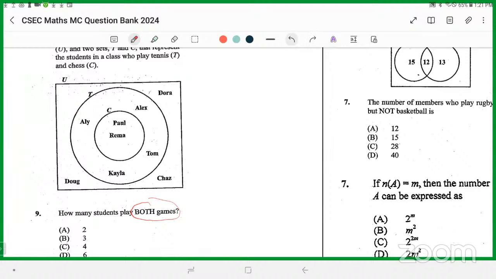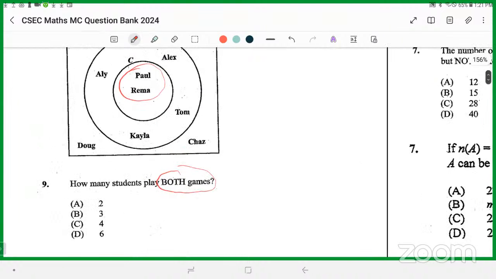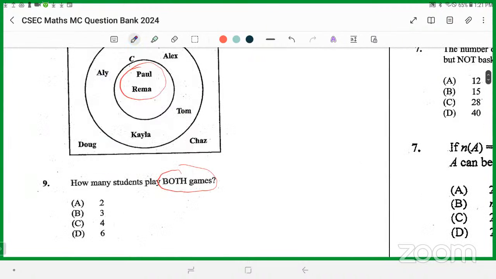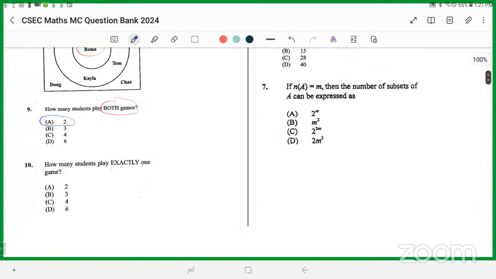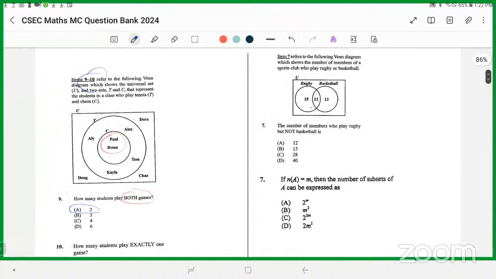This one plays only tennis. Both games are played by these persons in here. So it's 2 persons who play both games. But I've seen this question asked differently: how many people play exactly one game? It was the same diagram. Right, 9 and 10. Good.